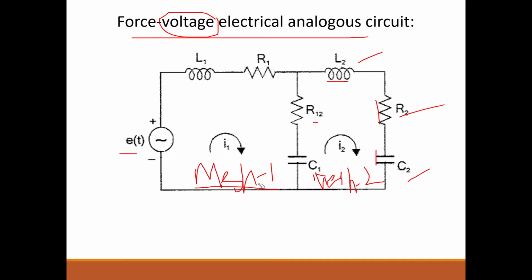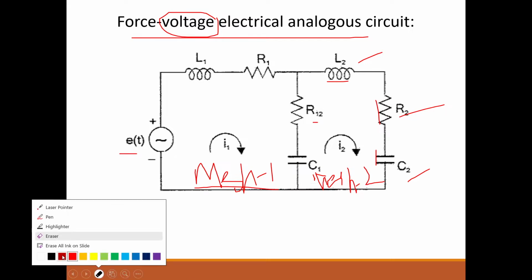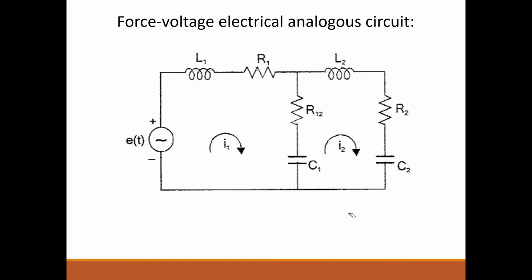You consider mass as mesh. If any opposing force is connected to mass, its analogous element must be connected purely to the mesh. If any opposing force is between two masses, those analogous elements must be connected between two meshes. So this is the force-voltage electrical analogous circuit.